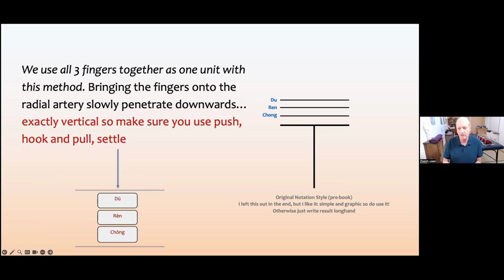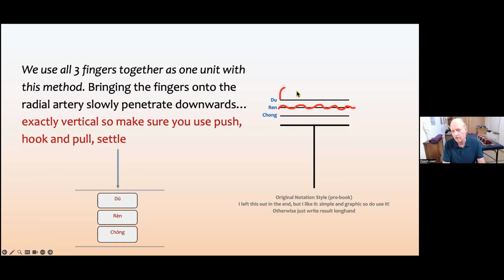And just looking on the right hand side of the diagram, if you have a finding, let's say on the ren, you could just draw it above the T. That's how I used to do it before I wrote my book originally, and found it was too complicated to just put this in my book, but it's still useful.